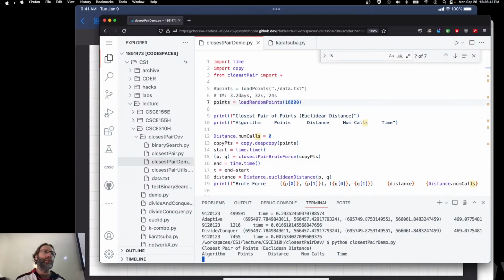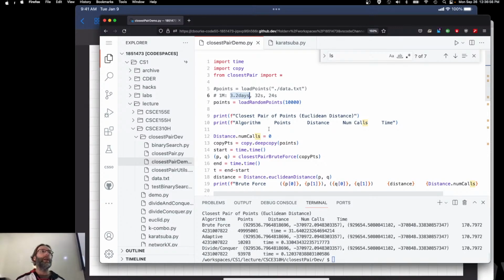And you'll see the other two are still in a blink of an eye, relatively, right? While we're waiting on that, I estimated up to 1 million points. And the brute force, excuse me, will take 3.2 days, based on my extrapolations. There we go.